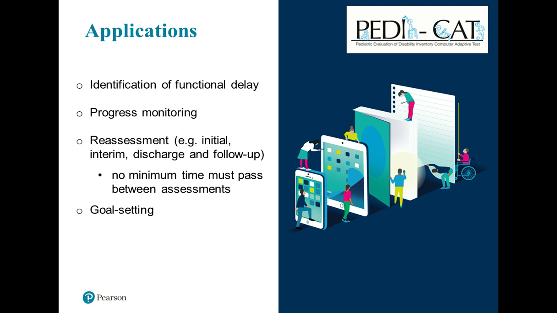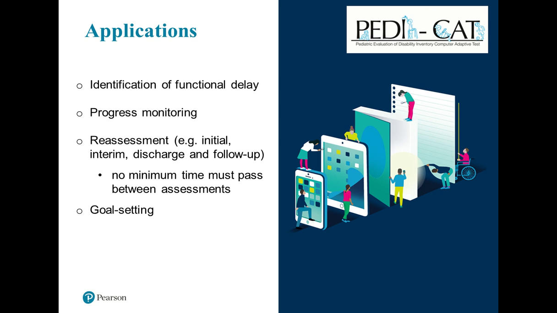In terms of applications, PEDICAT is used across many different settings and many different applications. It's used for the identification of functional delay. That's quite a major use of it. It's used for progress monitoring, and one of the things that it has in it is the scaled score, which is really useful for monitoring change over time, so it does help facilitate that.